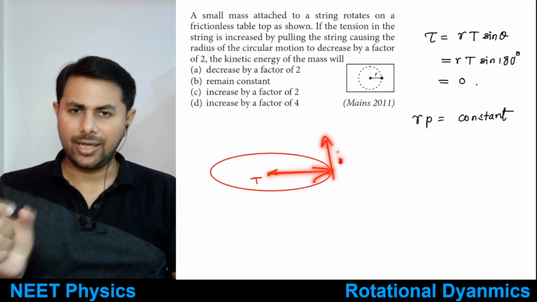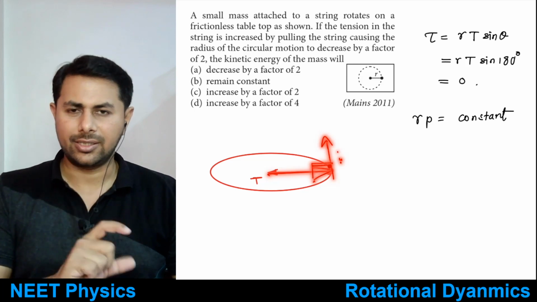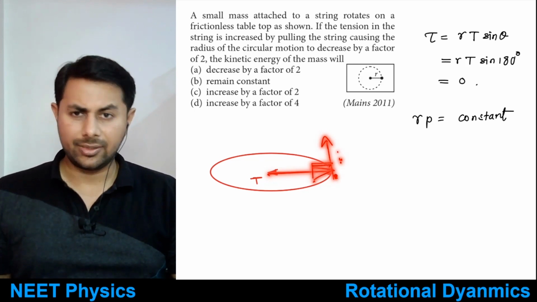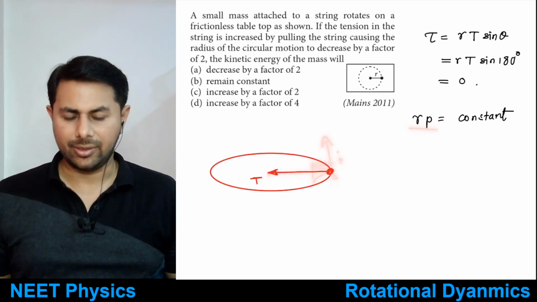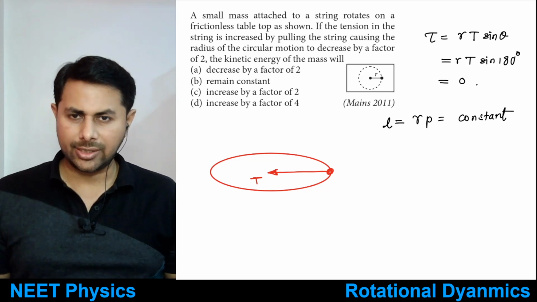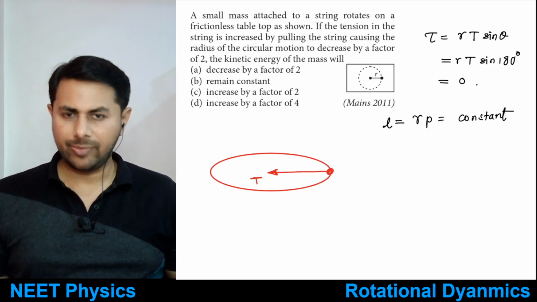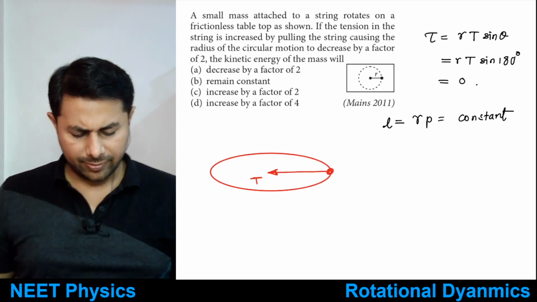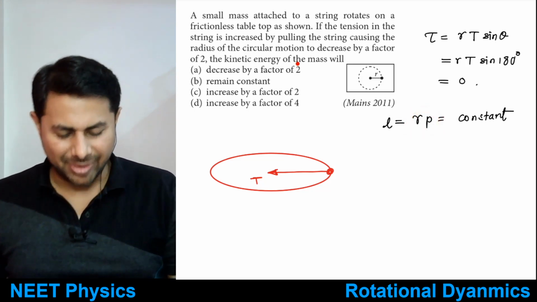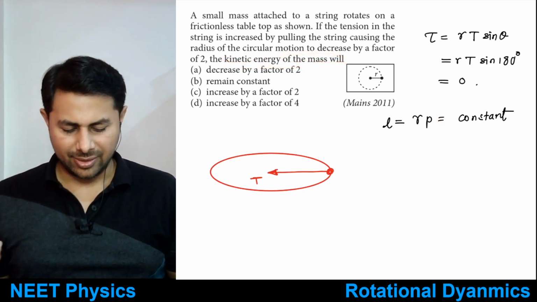So it is r times p multiplied by sine of 90, since the angle between radius and tangent is 90. Therefore sine 90 is 1, so it is always r times p. So L is constant because there is no external torque, that means r times p is constant. So why are we doing this? R times momentum is constant because they are asking what the kinetic energy is.